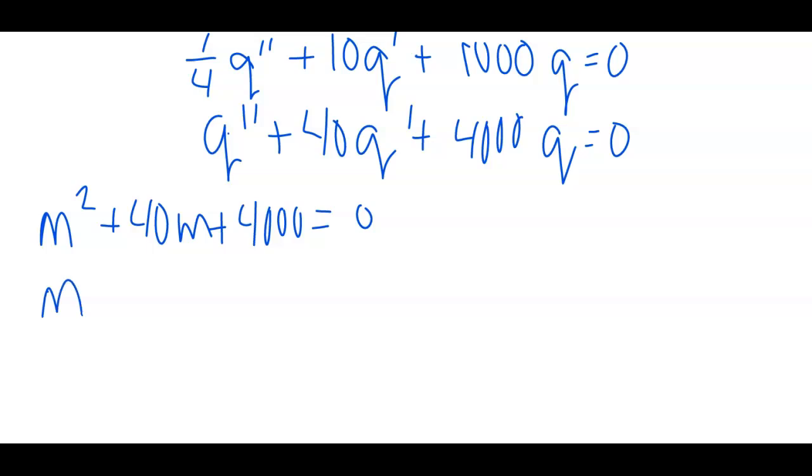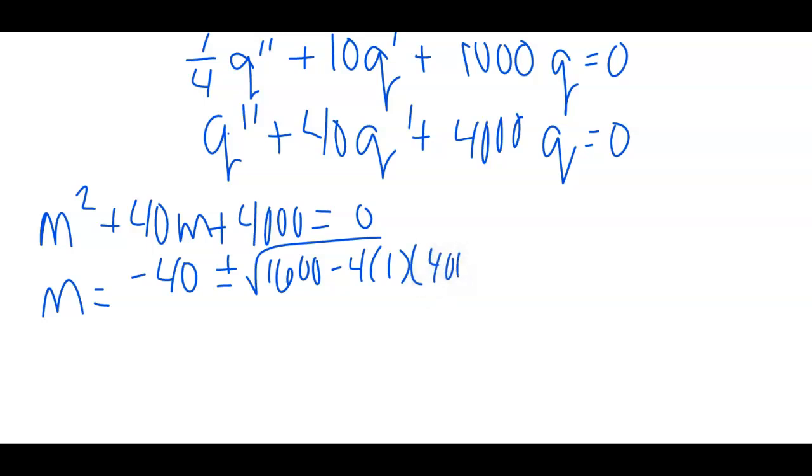So m equals negative b plus or minus the square root of b squared. Let me just double check. Should be 1,600, right? Yes, 1,600 minus 4 times a times c, all over 2a.